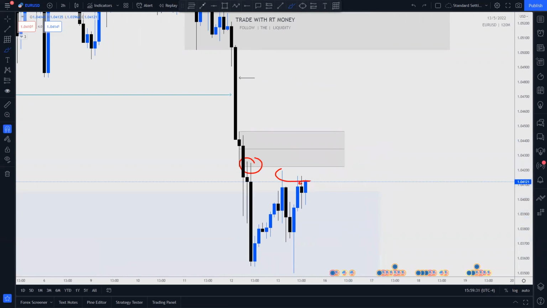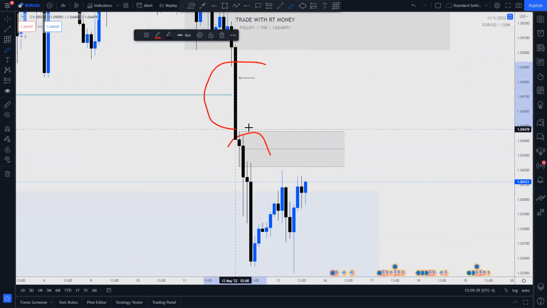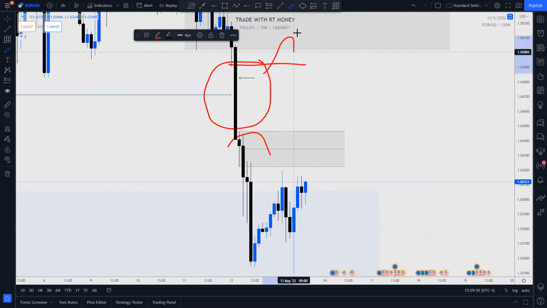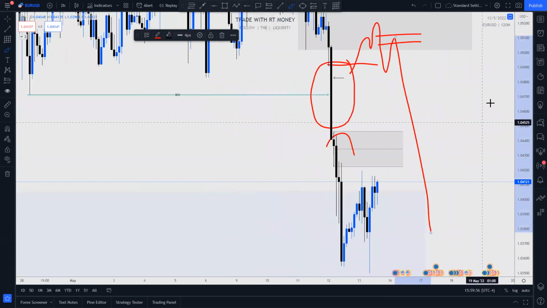So that's what we look for. We don't take any trades unless we get confirmations, right? If it breaks this high, then we're probably going to fill in this fair value gap, this inefficient price move. That's why I have the arrows here, up to here, and going into this zone up here.